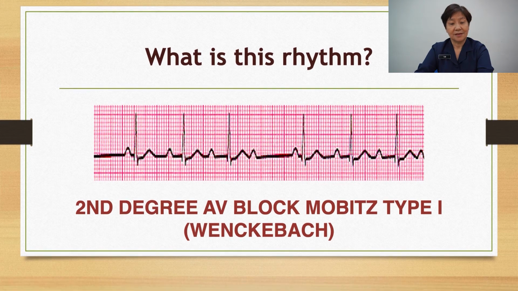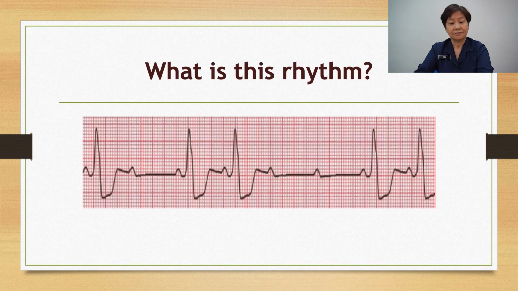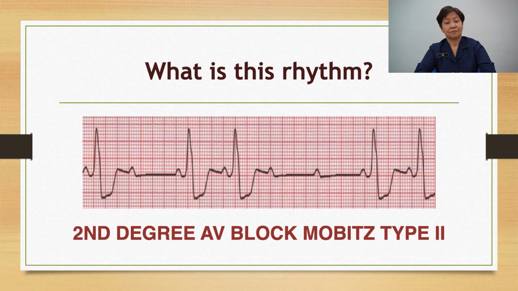How about this? Another pattern. Can you see the PR interval? It's constant, so there is a difference. Can you see any missed beats over here? So many, right? So many beats dropped over here. But the PR interval is constant when you count on the graph here.